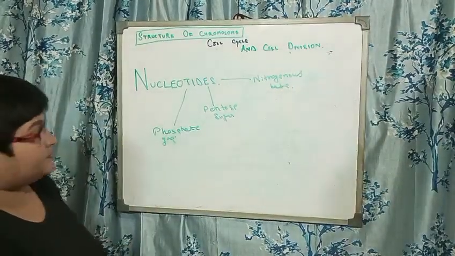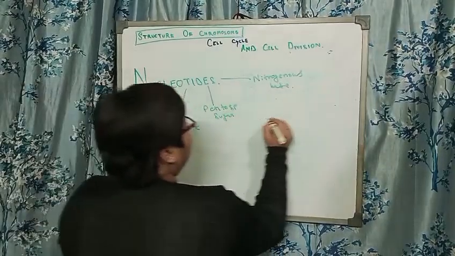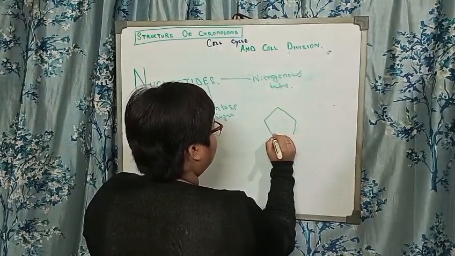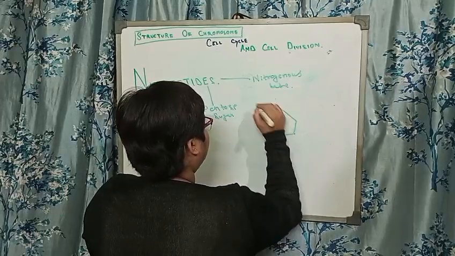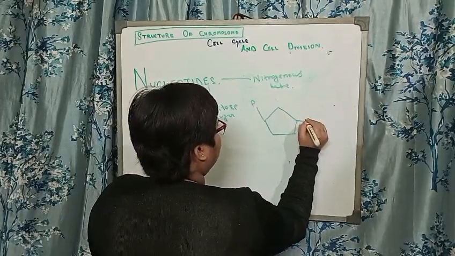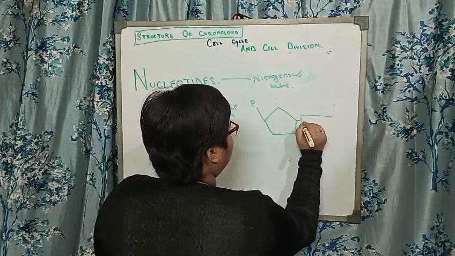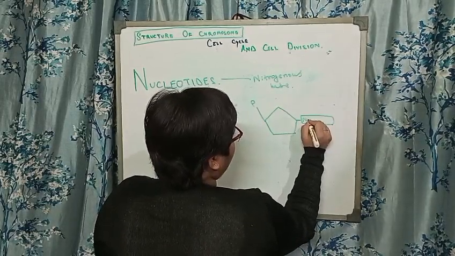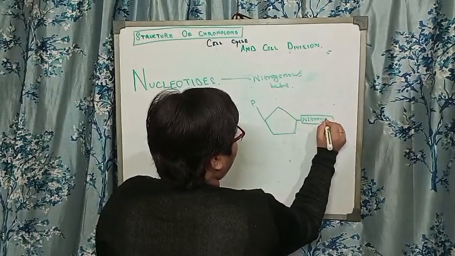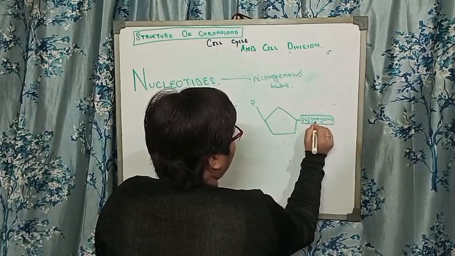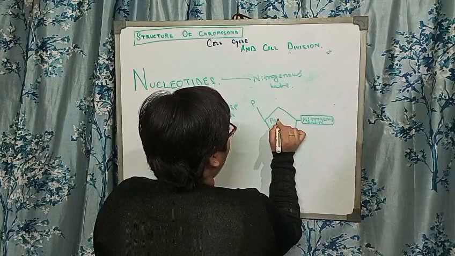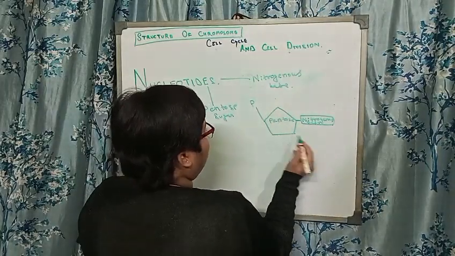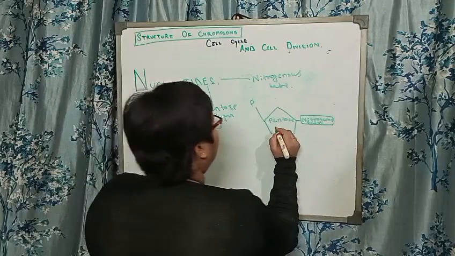Fine. And the structure of nucleotides looks like this. It is known as pentose sugar because it has 5 carbon.